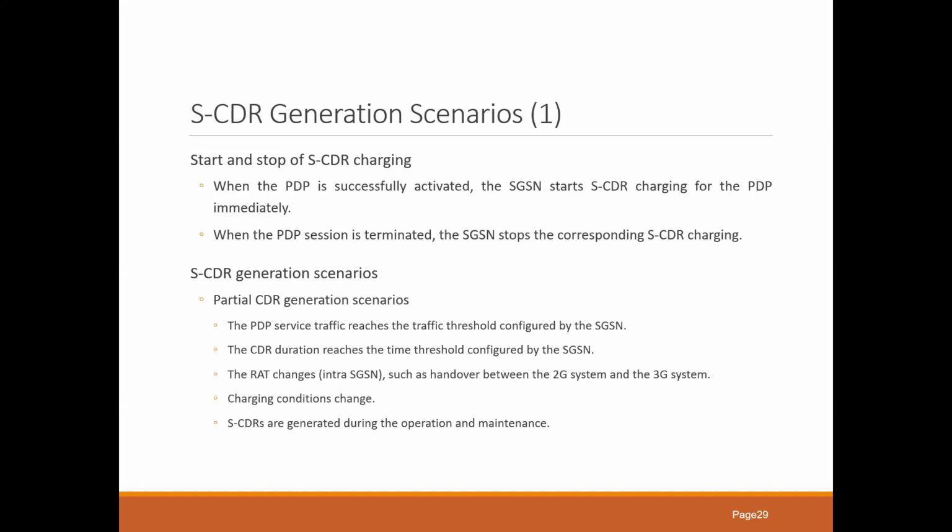So partial CDR is generated for the same PDP session, and it can be generated based on different scenarios. If it reaches a specific traffic threshold, if it reaches a time threshold, if there is a RAT change, if there is any charging condition change, or if we are forced to generate a partial CDR using operation and maintenance.